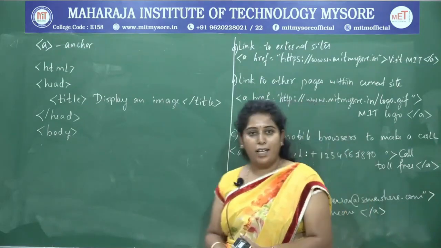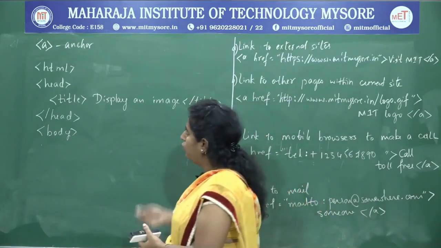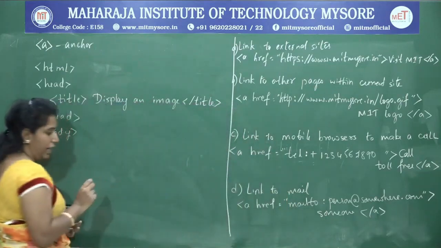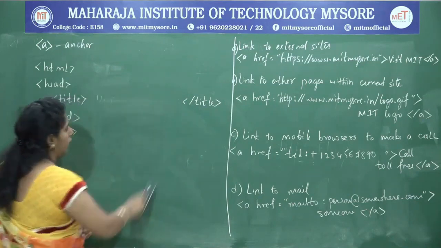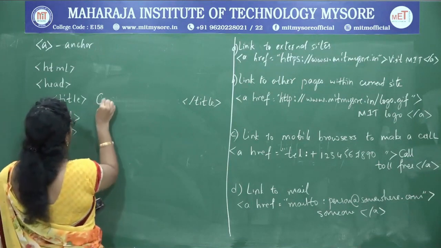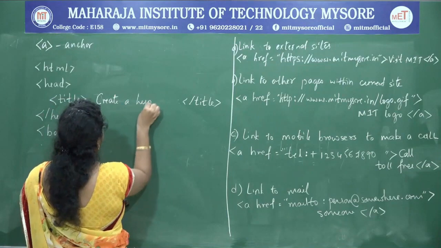So the a tag is used for creating a hyperlink. Let me take a program to illustrate the anchor tag. The title, for example, is: create a hyperlink.